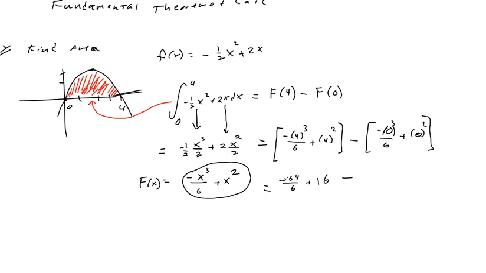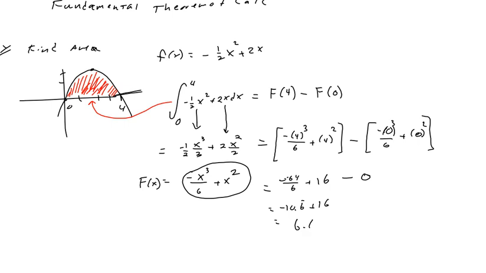Minus, well, that's clearly a 0. Start with 0, that's going to be a 0. 64 divided by 6 is 10.6 repeating. So it's negative 10.6 repeating plus 16, which is going to be, what is that going to be, 6.6 repeating?